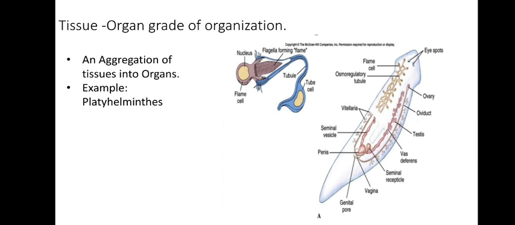The next level: there was a single cell protoplasmic grade, and then a few cells aggregated, and it became the cellular grade of organization. And these grouped cells had a common origin, similar structure, and performed similar function in a group, with coordination. So that becomes the tissue.